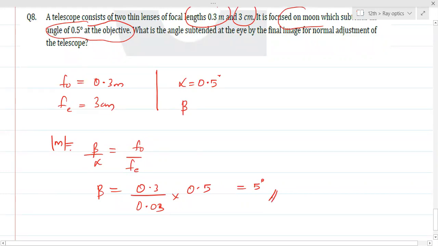Clear? Again, a simple direct question, right? Got it?